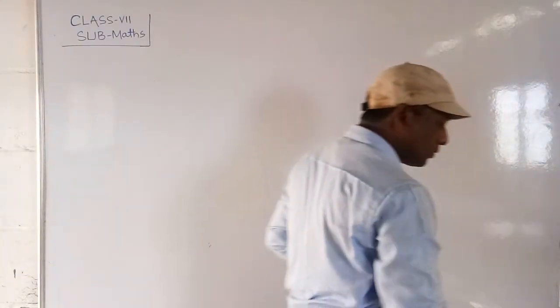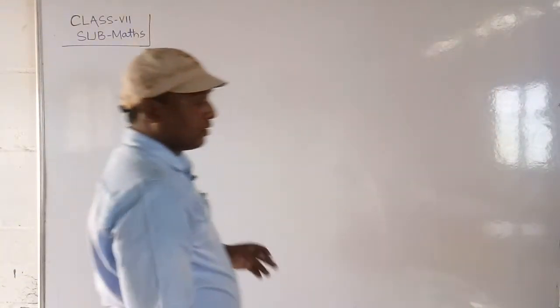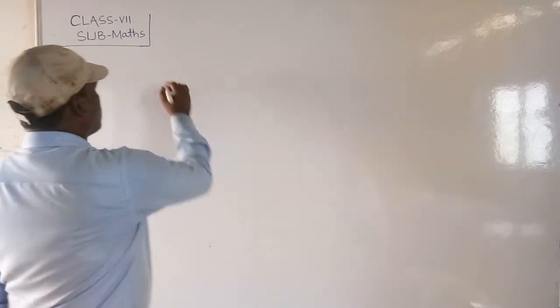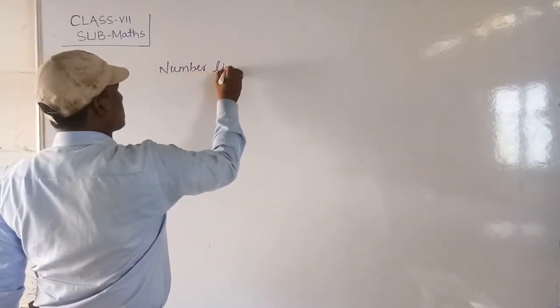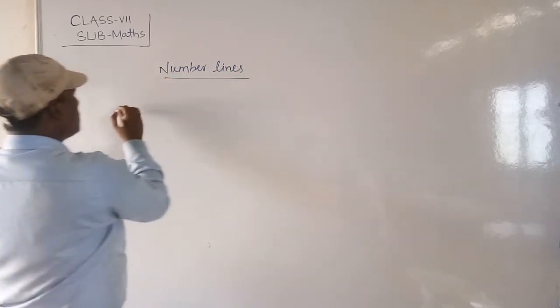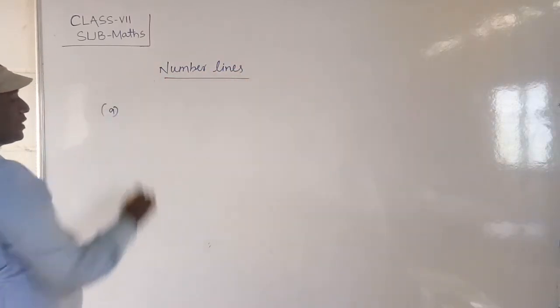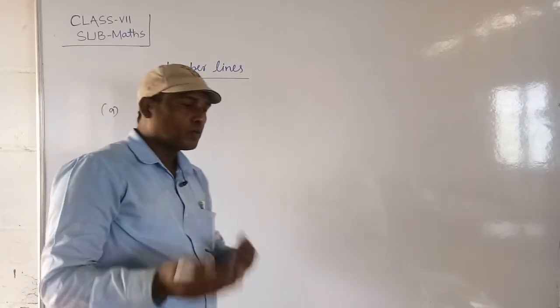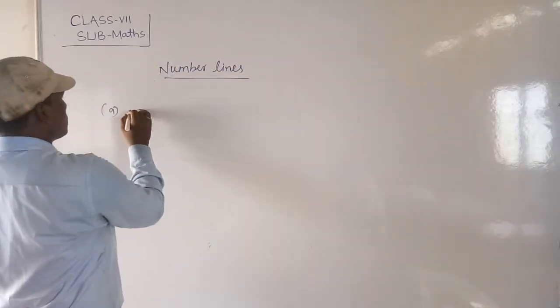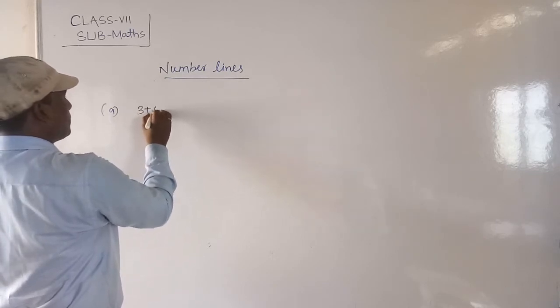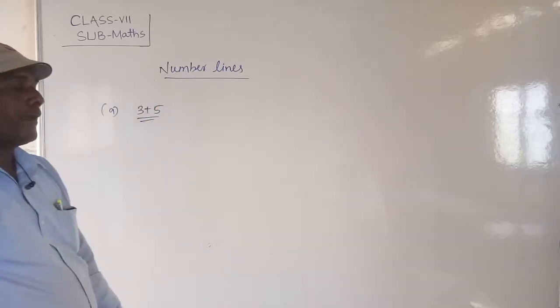Okay students, next we will discuss number lines. Once I show you number lines, students, observe what the sum is and how we show sum and subtraction, which I have told you. So suppose 3 plus 5, how will we show it on the number line?